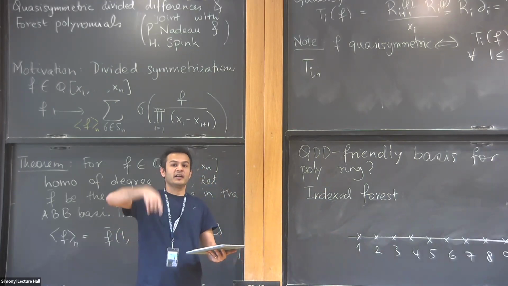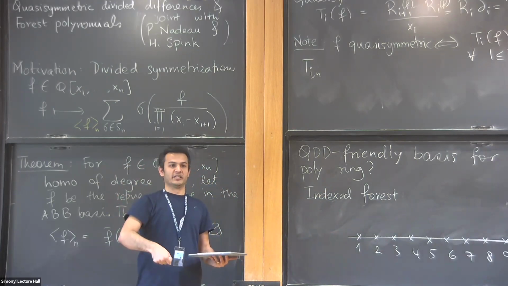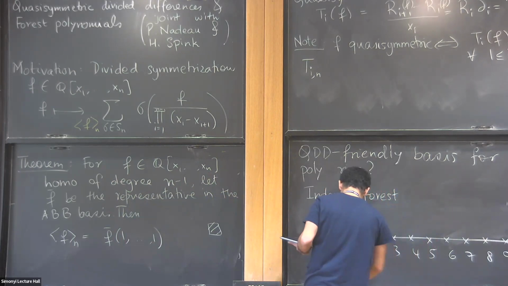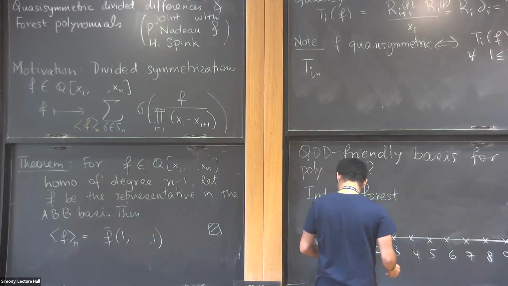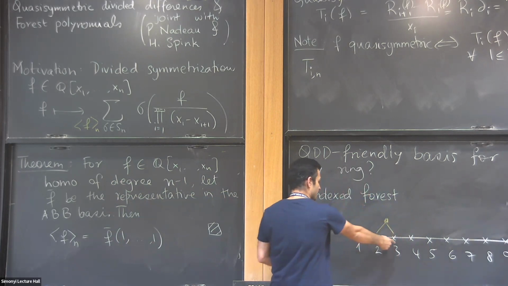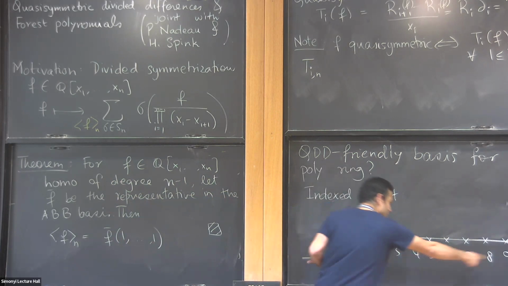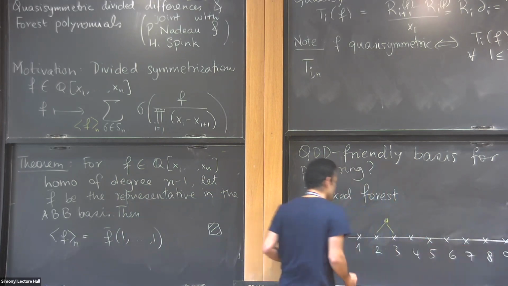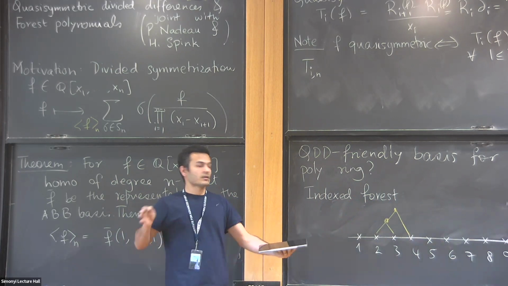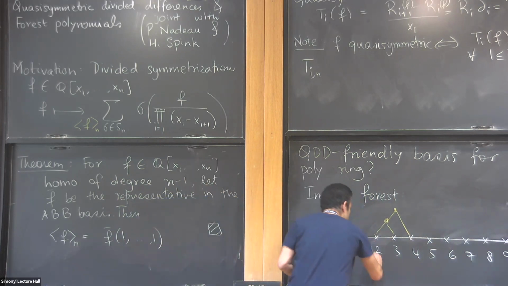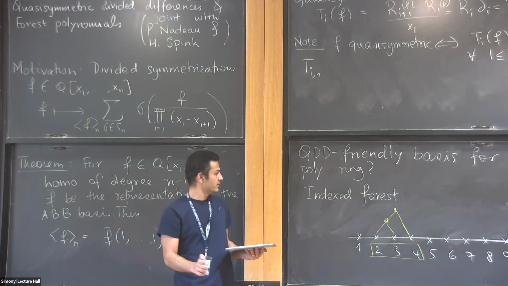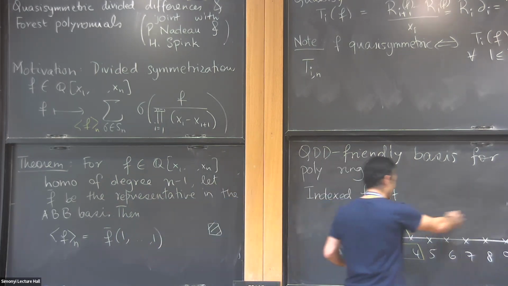And on top of this, I'm going to plant some trees, root pointing up. Here are trees on this guy. Internal nodes, and the leaves are going to be coming from this copy of the positive integers. Trees will always be supported on intervals, so there can be a collection of trees.